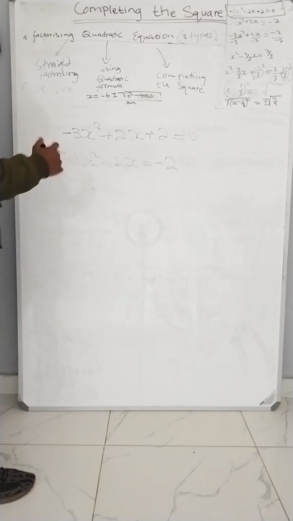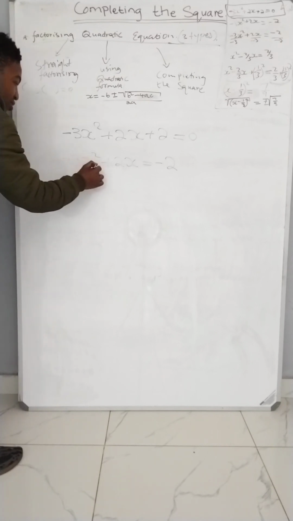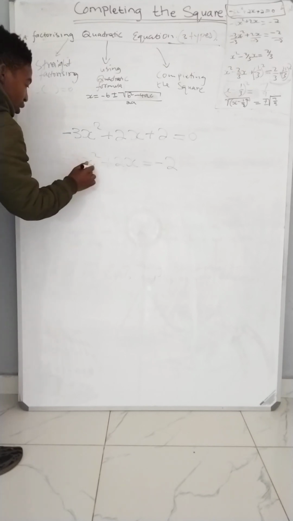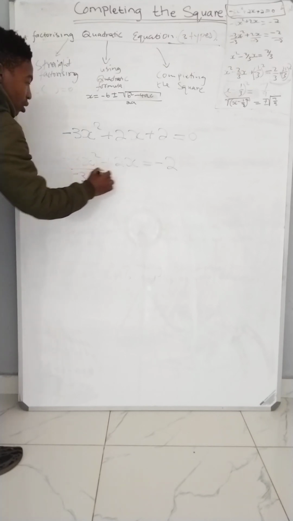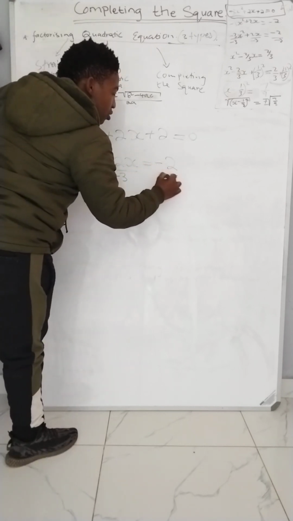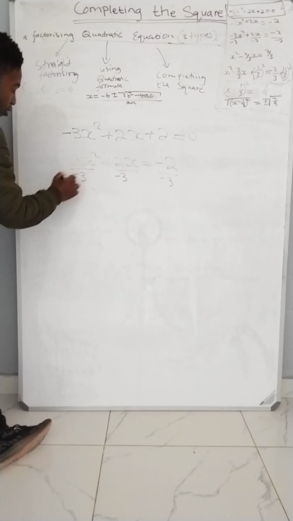You took the constant to the right hand side, and then the next step, you're gonna divide by the coefficient of x squared, which is -3. Then you're gonna divide by -3, okay, divide by -3. You divide every term by -3, every single term, right? You're gonna then end up with -3 over -3.